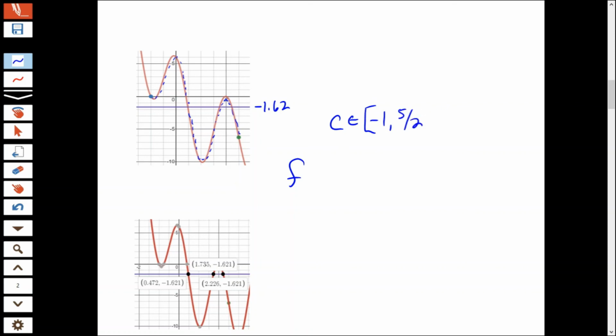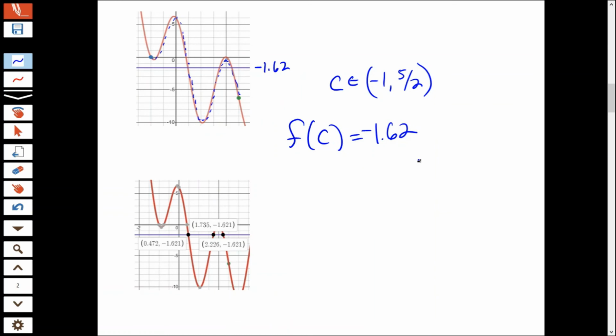I should make that an open interval. So there's some value in there such that f of c is going to be equal to that -1.62. And if I graph it on Desmos, we can see that there are actually 3 values that have that average value as a y value.